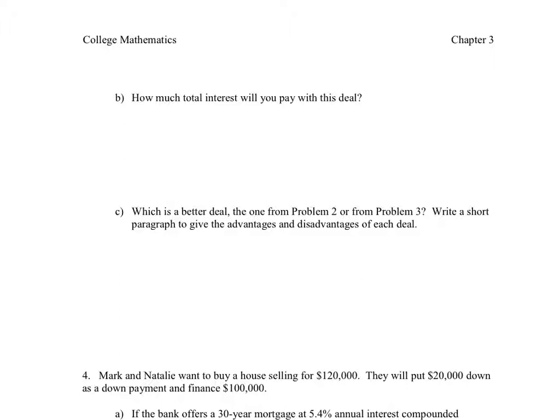And let's actually calculate how much interest you would pay with this deal. So you're going to be making a little higher monthly payment. That's $400 times 12 times 2. So that's $9,600.